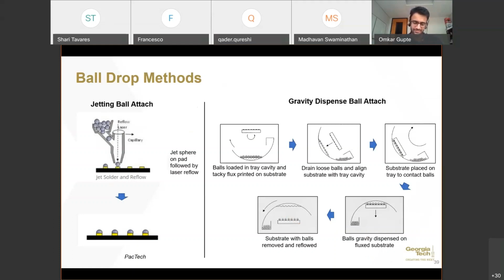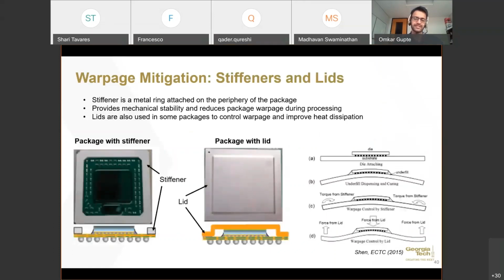So these are some of the ball drop techniques which can be used for reduced pitches.